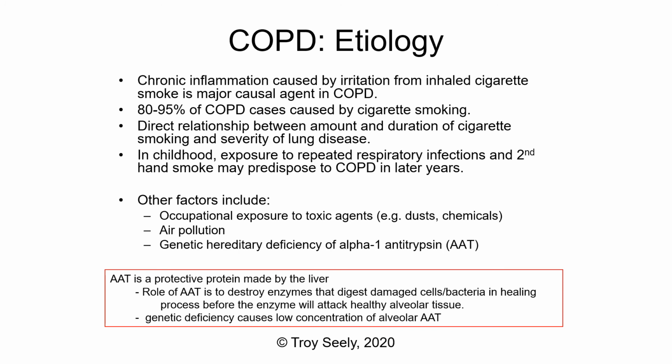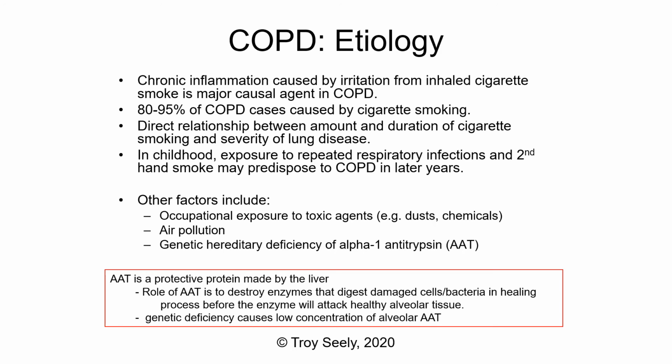So the role of it is to destroy enzymes that digest damaged cells and bacteria in the healing process before the enzyme will continue on to attack healthy alveolar tissue. If you have a genetic deficiency, this causes a low concentration of alveolar AAT.